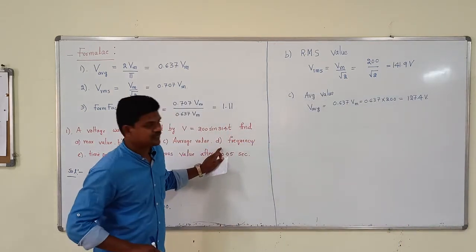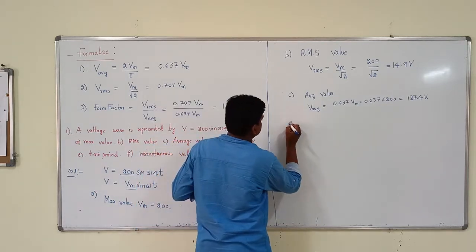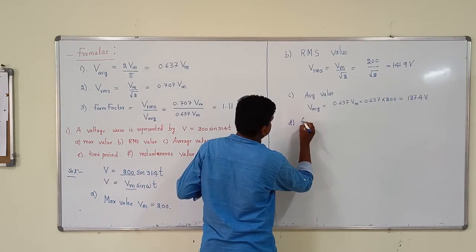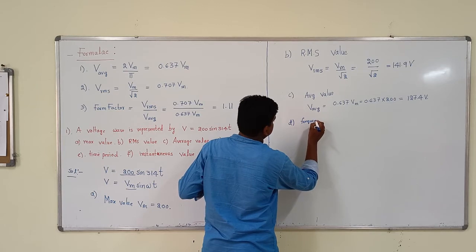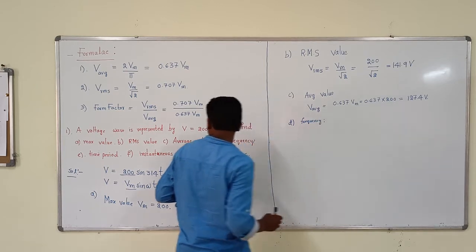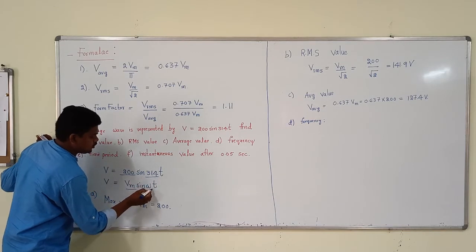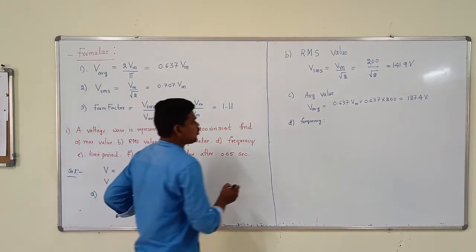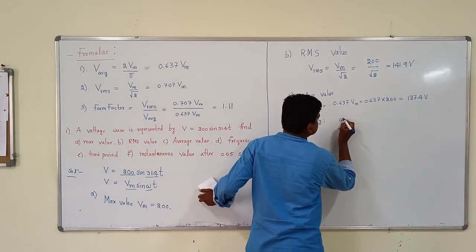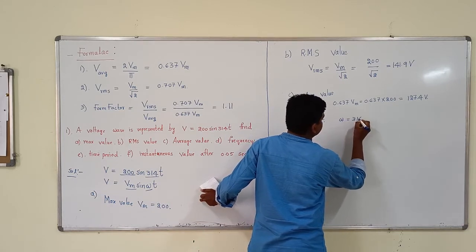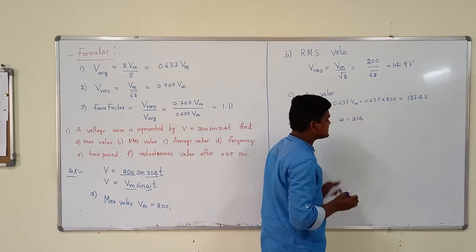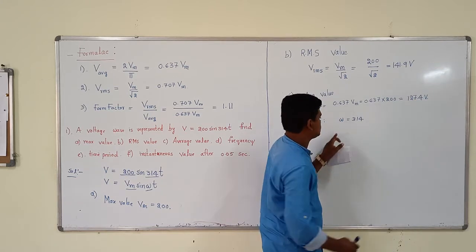Next thing is the frequency, D. Before that, we have omega equal to 314. Omega is the angular velocity.